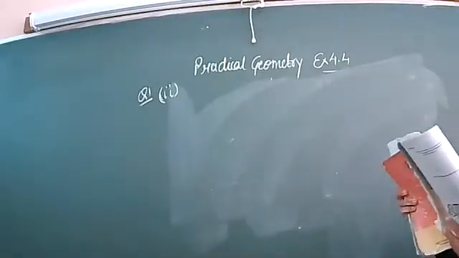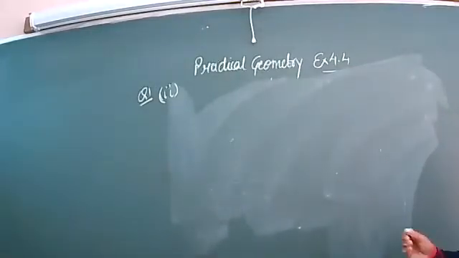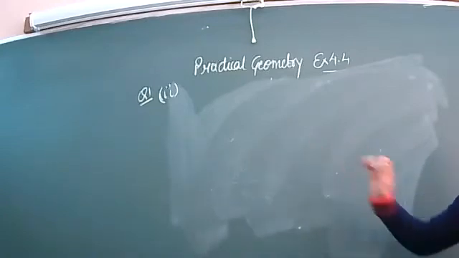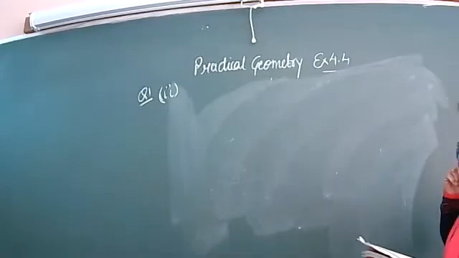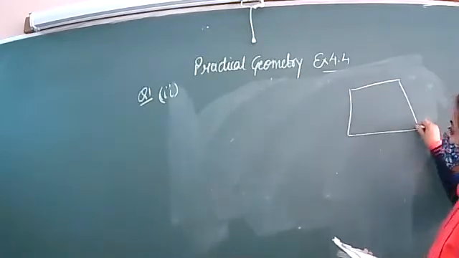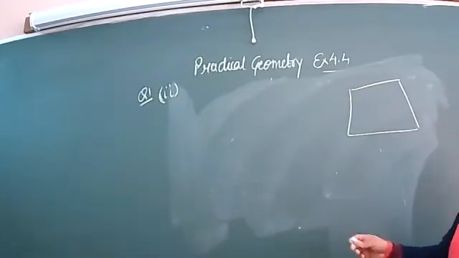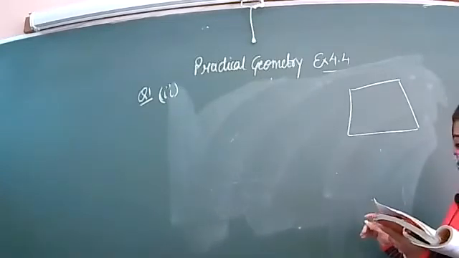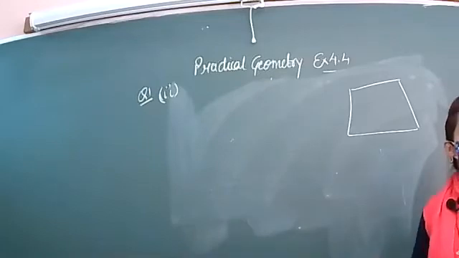Second part, rough figure. Listen to me first. Before starting the rough figure, make sure that the angles are on the base. If it is not so, then you will change the name, as we have done in the first part. We will draw it again, or we can change the name also, instead of drawing the figure again. Now the next is, look here.